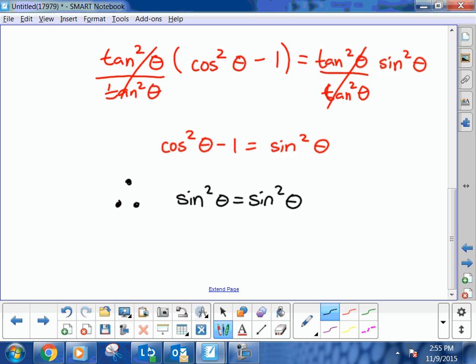And we knew that it was going to be true from the start, with no hesitation, because we were guaranteed that cosine squared theta minus 1 is really equal to sine squared theta. That's an identity property that we proved in our notes.